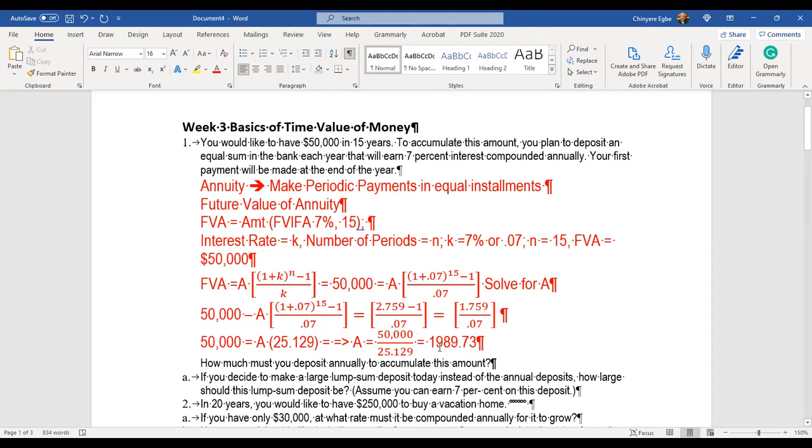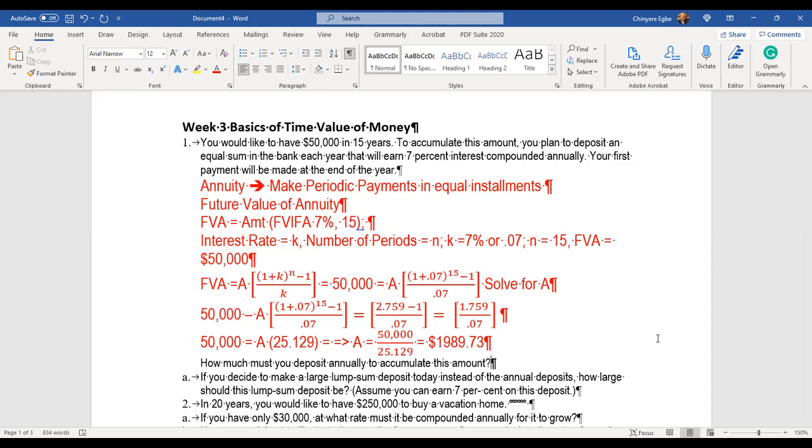Okay, so that is our amount. So this problem requires that you do the future value of an annuity, and the annuity is 1,989 a year. If you invest this periodically over a period of 15 years, at the end of 15 years, you will accumulate $50,000. All right, that's what's going to happen.